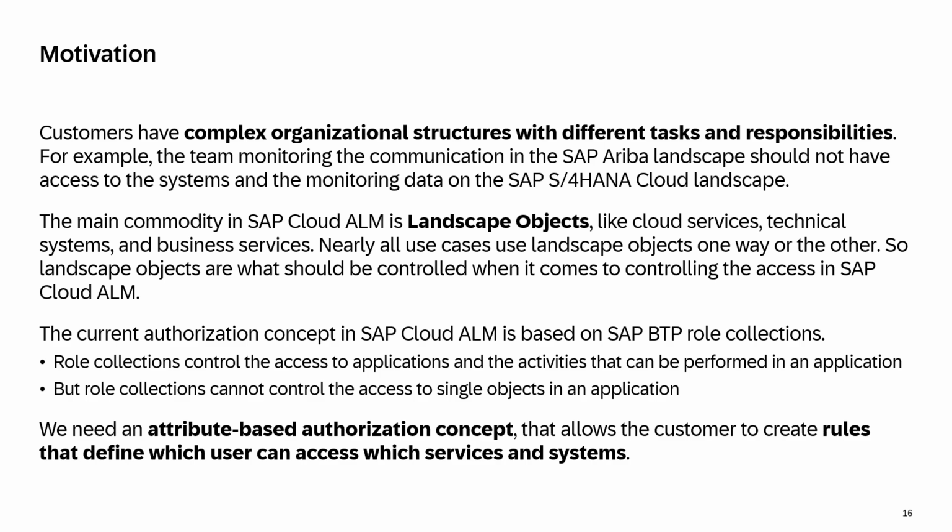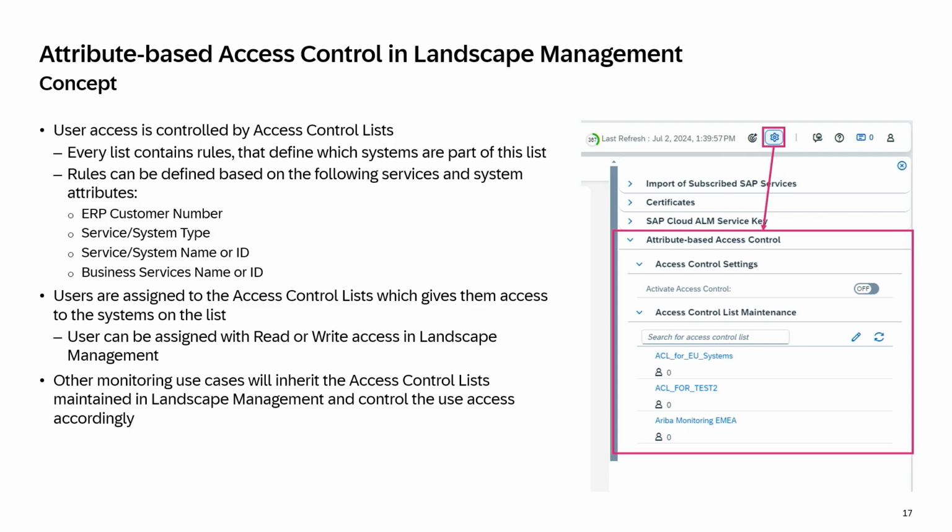This means you can define, and I'll show you, well, I'll get to this on the next slide. So basically what we did is, we built a concept that is called an access control list. This access control list has rules.